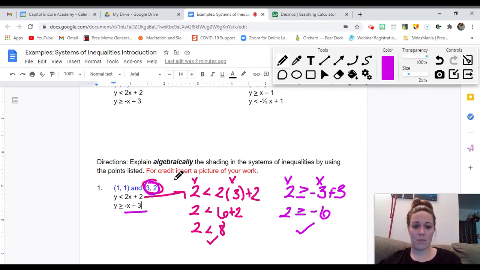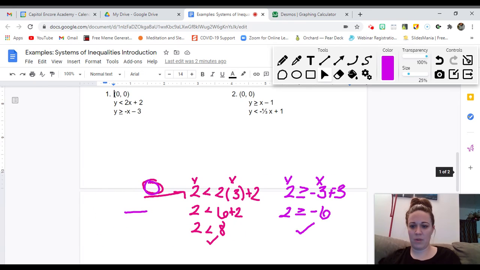So as I scroll up, that would be the explanation of why 1, 1, and 3, 2 were also solutions. If I can scroll up, there we go.